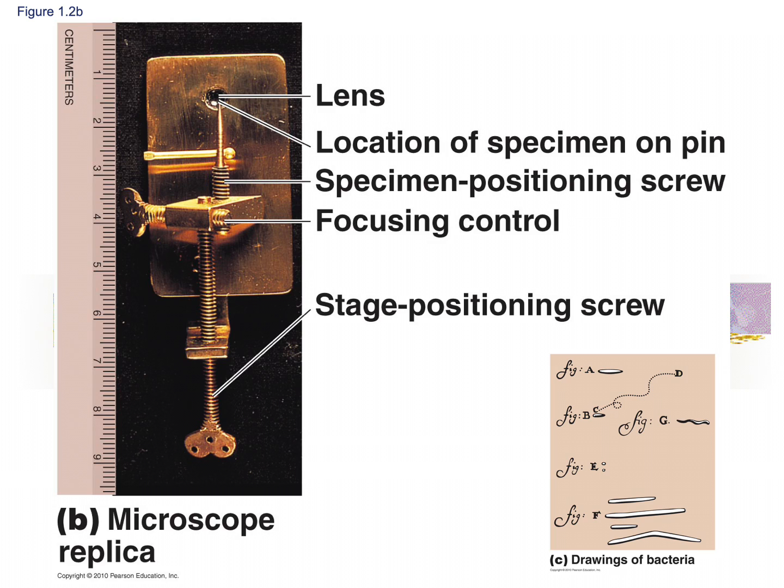It had a series of screws to precisely position what he was looking at right in front of a lens. And with this, he was able to see bacteria, extremely small cells. It looks primitive, but it was actually a fairly high quality microscope.